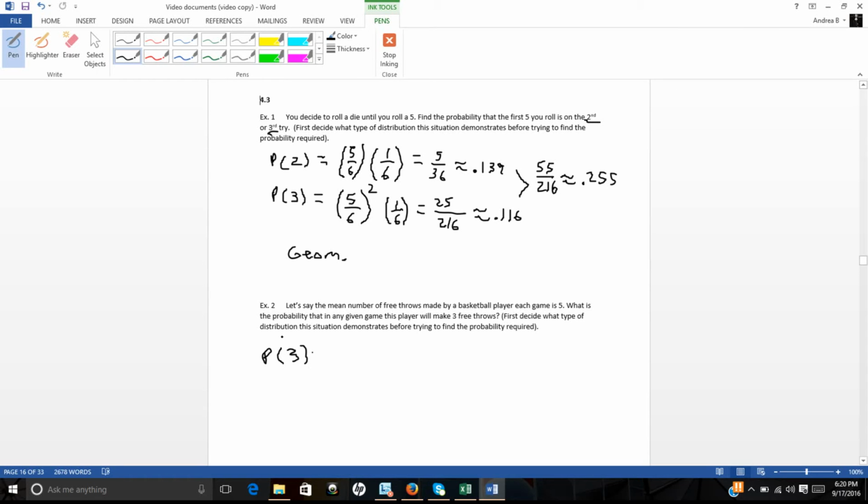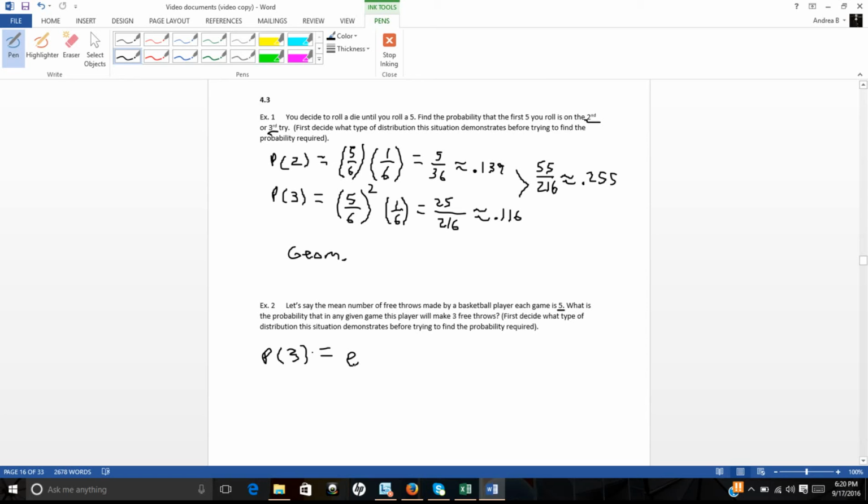In this case, since we're talking about the average or the mean number of throws, which is 5, we're dealing with a Poisson distribution. Normally, if you're given some sort of information about an average for these types of problems, you're dealing with the Poisson distribution.